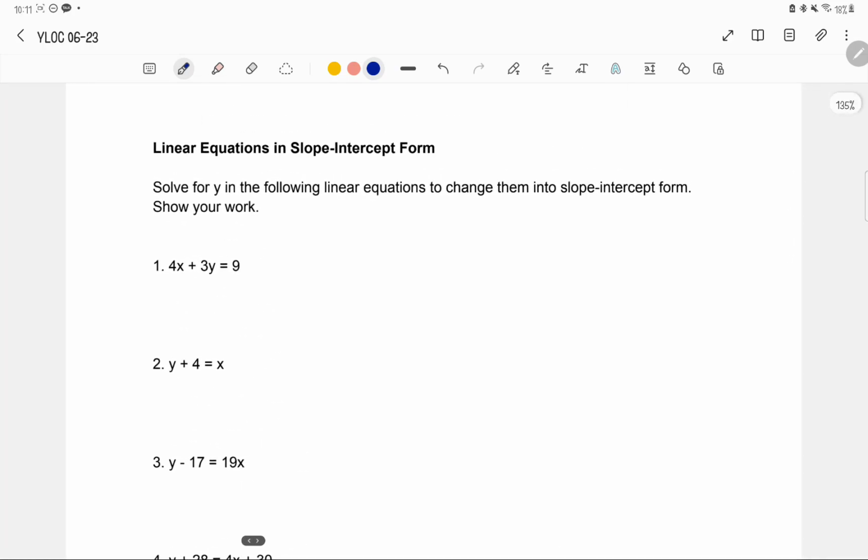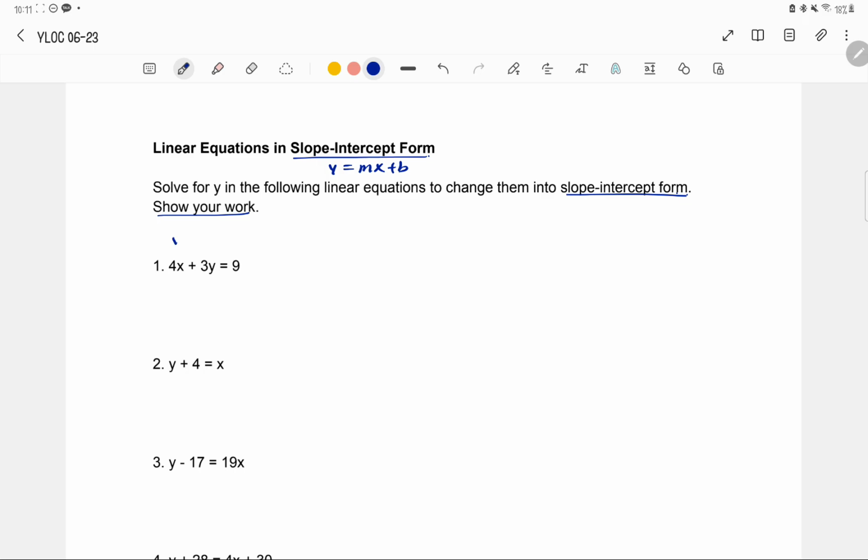The next is linear equations in slope-intercept form. Slope-intercept form, again, is y equals mx plus b. Solve for y in the following linear equations to change them into slope-intercept form. So here we have 4x plus 3y equals 9.